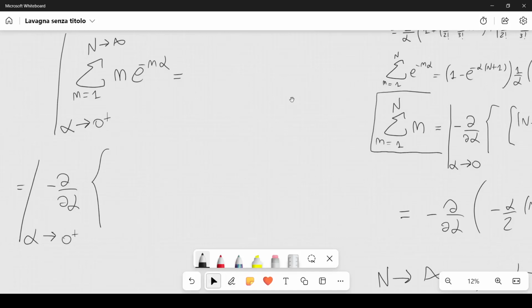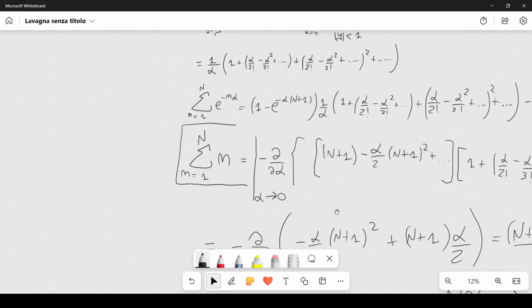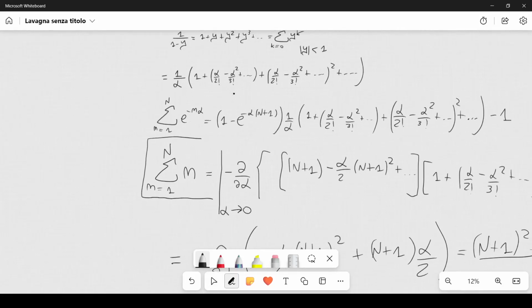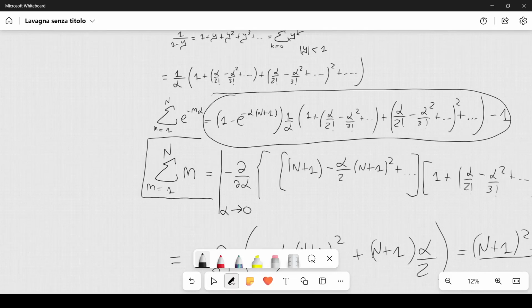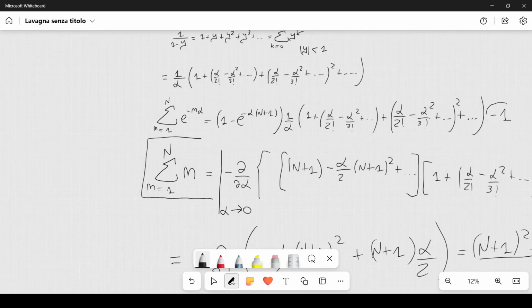In this case, instead of replacing this expression, remember that we can neglect this minus 1 because when we take the derivative, this will give us no contribution. But we can also set this exponential to 0 because we assumed that alpha n goes to infinity.